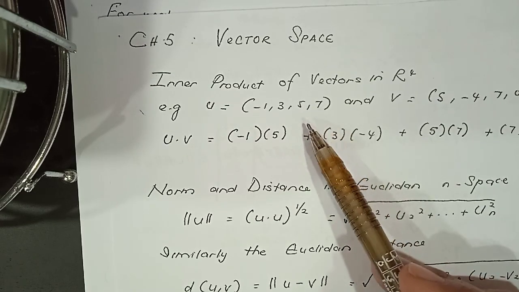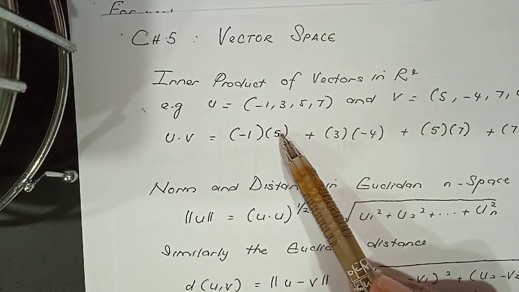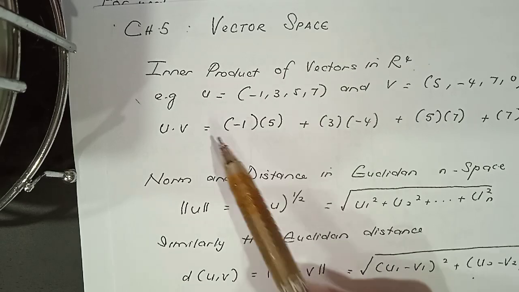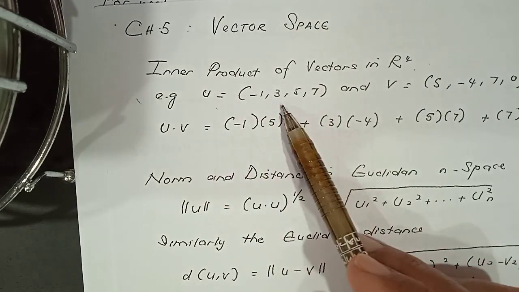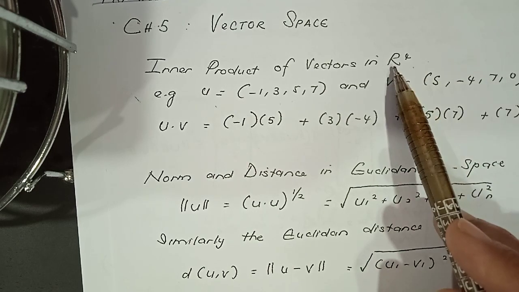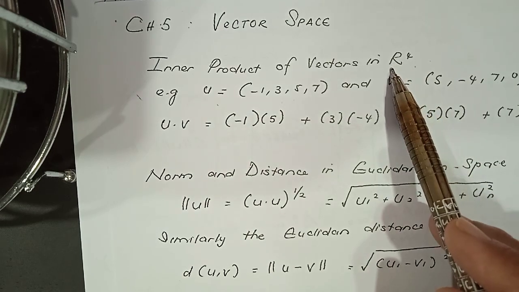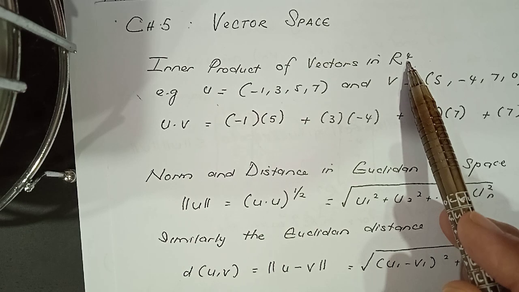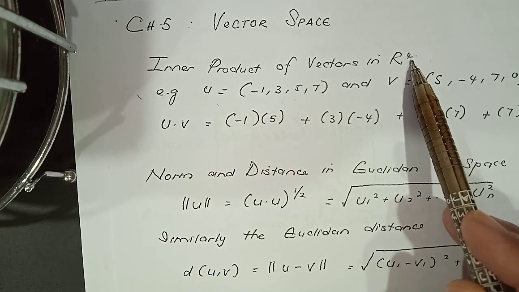Let's have a look at this example of inner product of vectors in space 4. For example, u is given by this vector and v is given by this vector in 4th dimension, where n equals 4.